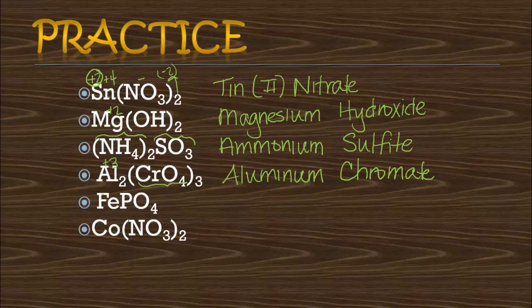Fe is iron, and I look up iron, and iron can be positive 2 or positive 3. So that means I have to look up the anion. Well, in this case, my anion is a polyatomic ion, so I need to find PO4, and PO4 has a negative 3 charge.